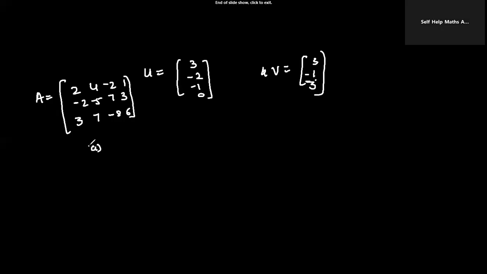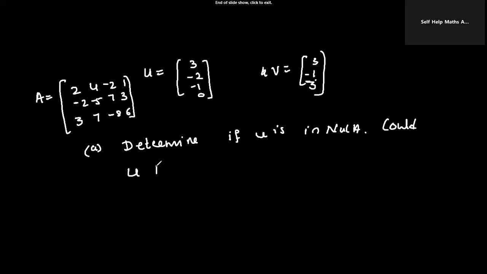So we have got a u and a v. The question here is: determine if u is in Null A. Next question: could u be in Col A? Please think about it.